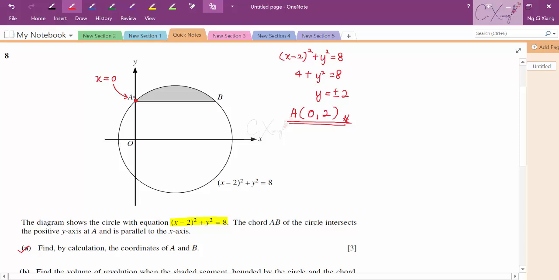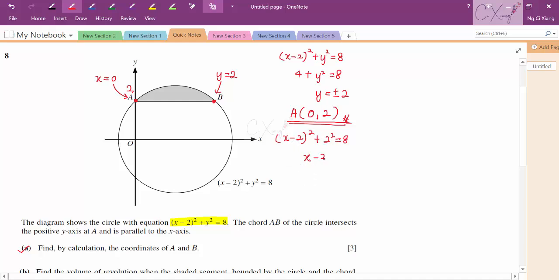Okay, since I already know that y equals 2 at point A, then at point B, since they are parallel with the x-axis, point B also has the same value of y, which is y equals 2. Now I want to substitute y equals 2 into our original circle equation to find B. So (x minus 2) squared plus 2 squared equals 8.